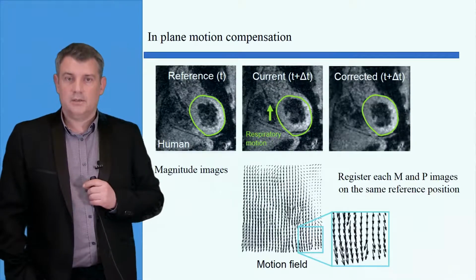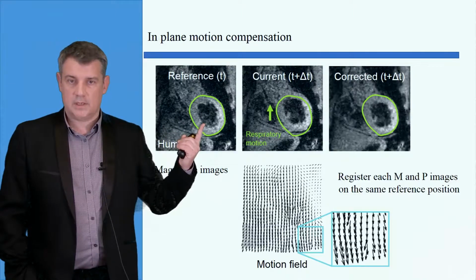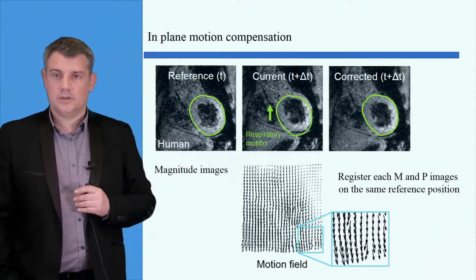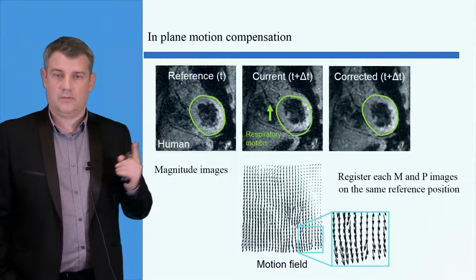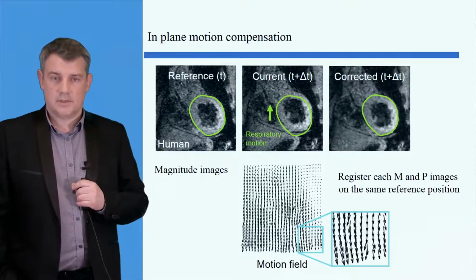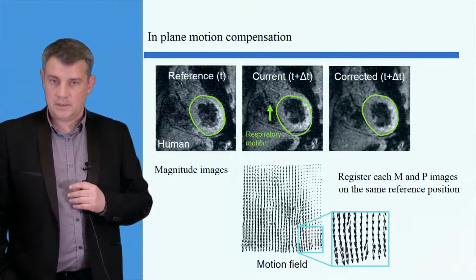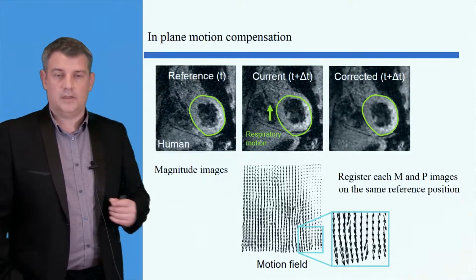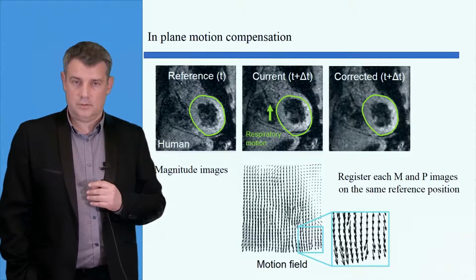Well, if we analyze the magnitude images that we are collecting in time, you can, for example, define one slice as a reference in position, and then any following image that you acquire can be registered to this reference in position using, for example, an optical flow algorithm that analyzes the difference in pixel intensity between two images and computes as a result a motion field vector that gives you a metric of how much the organ has moved between the two images.